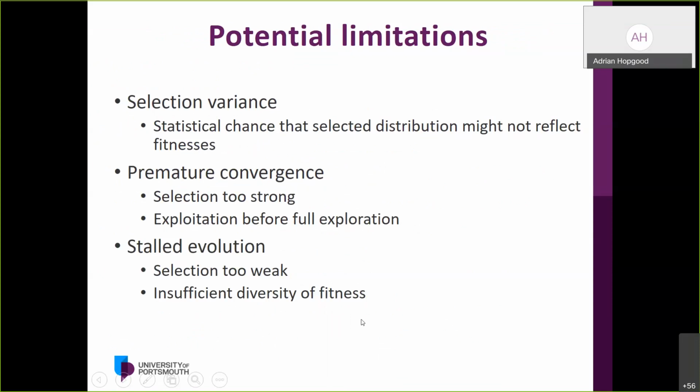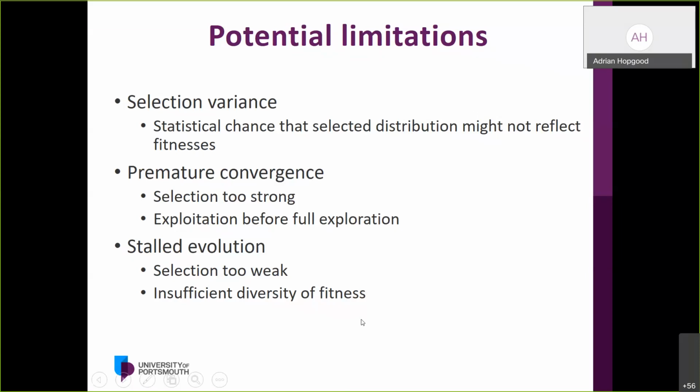And then in general, two of the big problems that you face with genetic algorithms, and that really drive a lot of the thinking behind selection, are premature convergence and stalled evolution. Premature convergence is where your selection is too strong early on, which means that you're not exploring the full search space. You're exploiting a few fairly fit individuals, but they may not be the fittest across the whole search space.